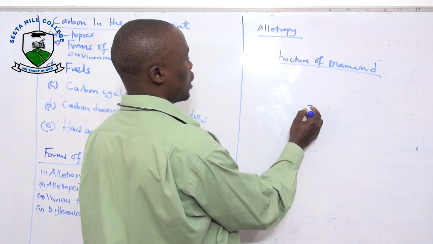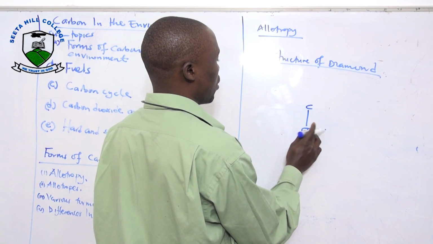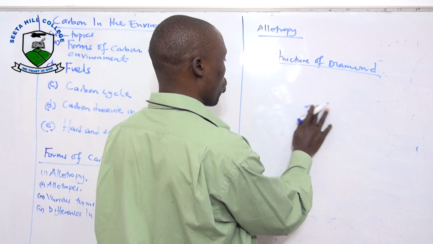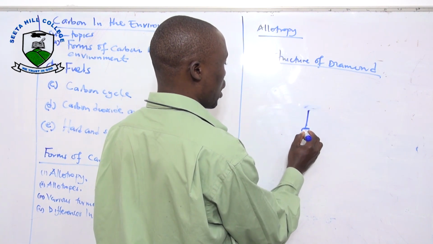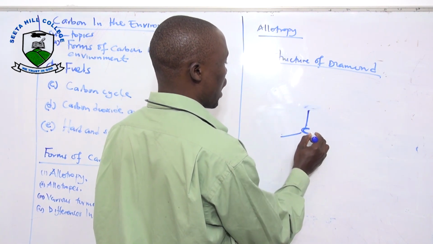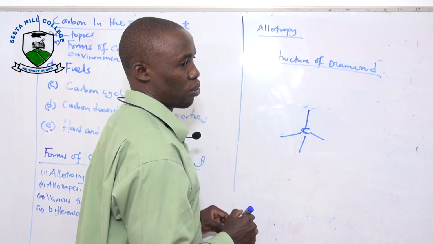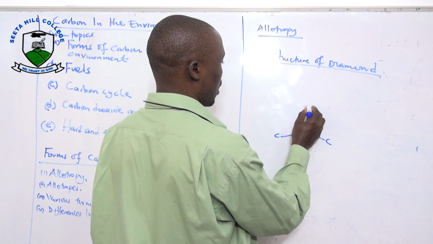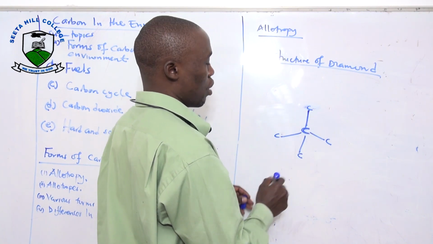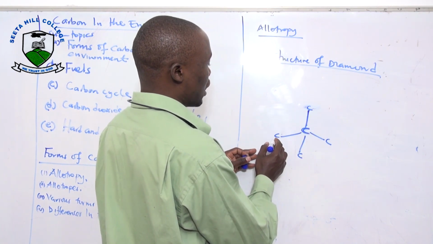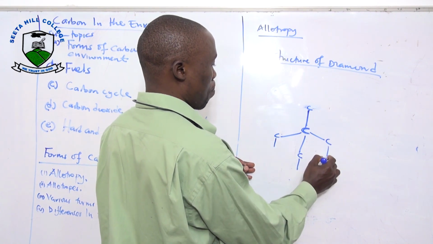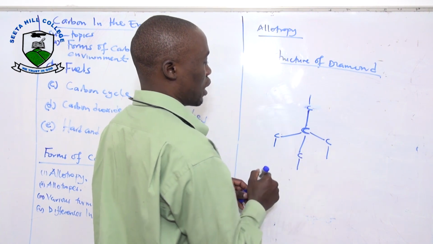Now, in diamond, each carbon atom, if we took this carbon atom, is neighbored by four other carbon atoms. This one will be neighbored by these like this. Then all the other carbons, you just keep joining more as you extend the structure.